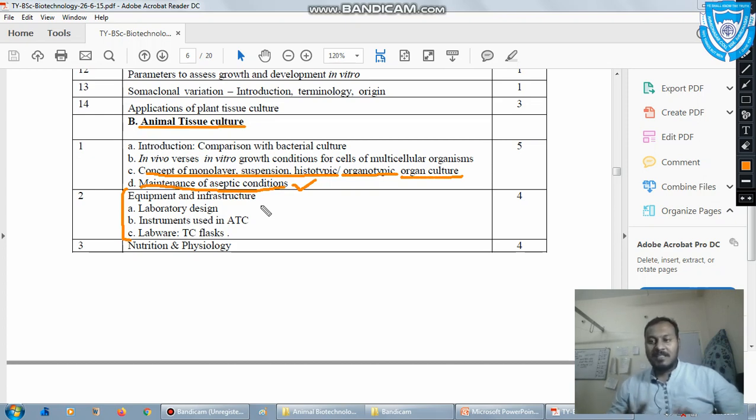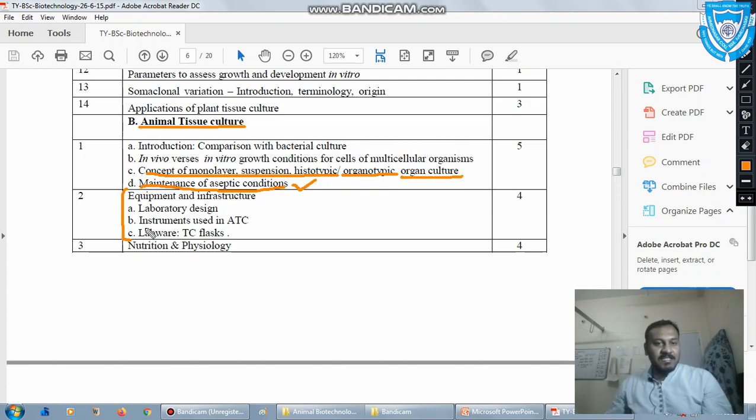We are not just keeping different laboratory instruments randomly, but we need to keep them in a proper design where they should be approachable and away from any other contaminating zone.